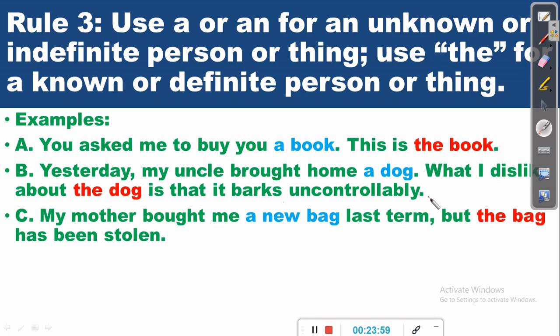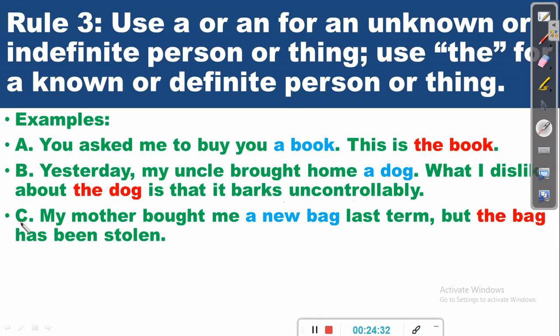When something is unknown, we talk about it by using the indefinite article. In that sense, we are being non-specific. We are not talking about a particular person or thing. But once we have mentioned it or introduced it, when we speak further about it, we use the definite article because it's already known to us.